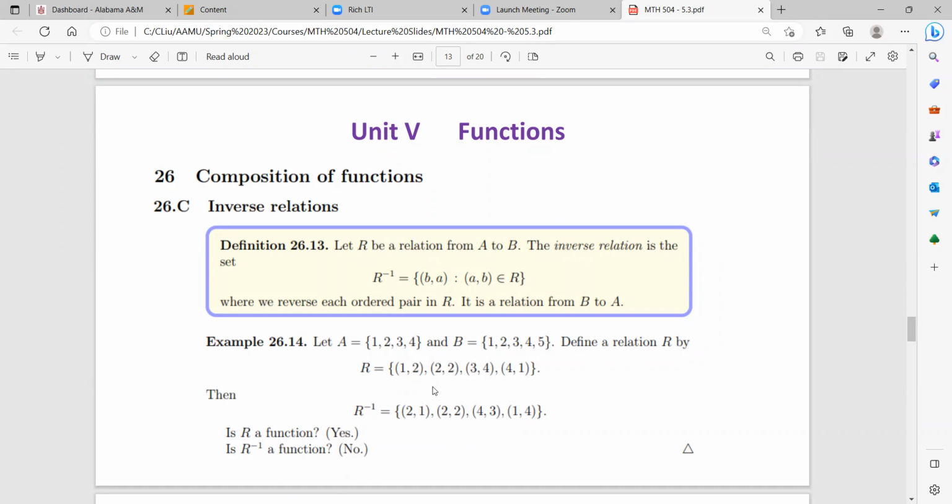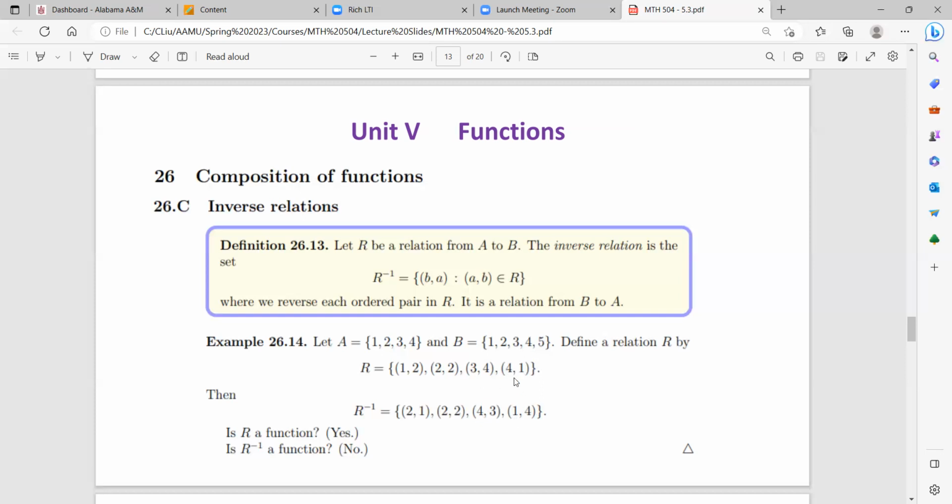So then you just reverse the coordinates in each ordered pair in this set, and that gives you the inverse relation, and we write it as R inverse or R to the -1. And so the first ordered pair (1, 2) becomes (2, 1), and the second ordered pair (2, 2) is the same. And the third ordered pair (3, 4) becomes (4, 3), and the fourth ordered pair (4, 1) becomes (1, 4).